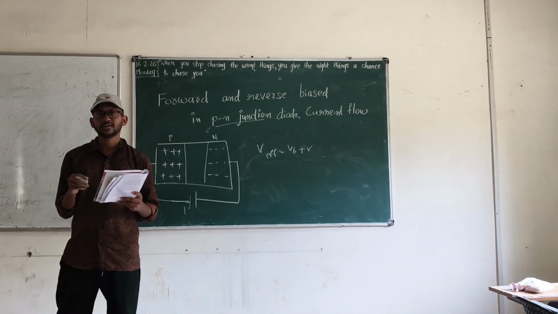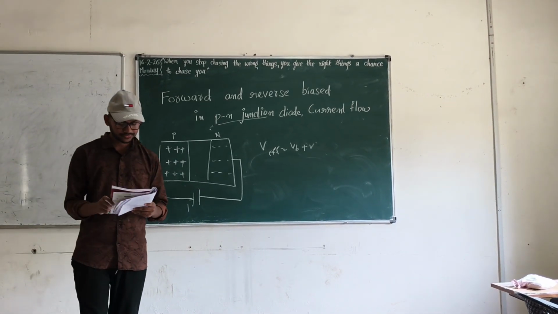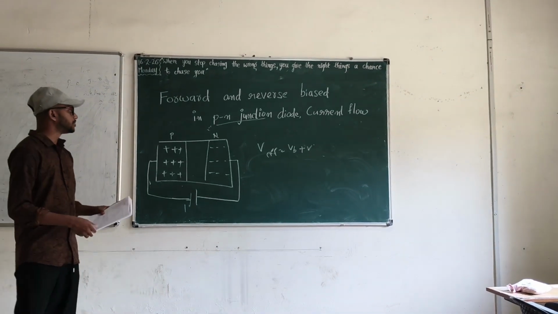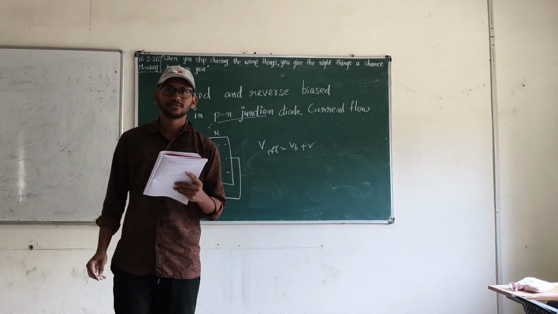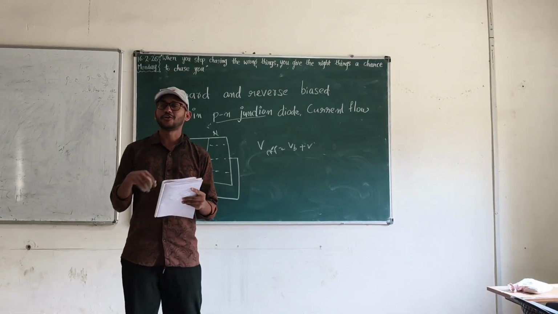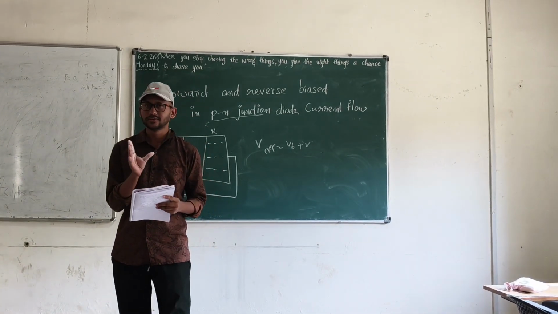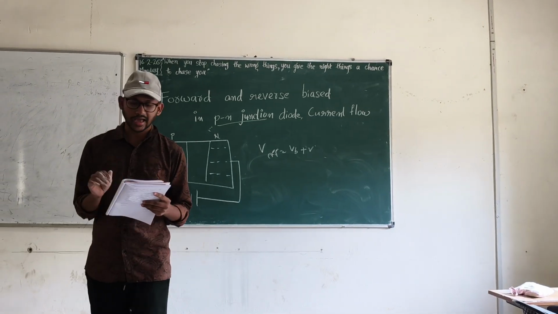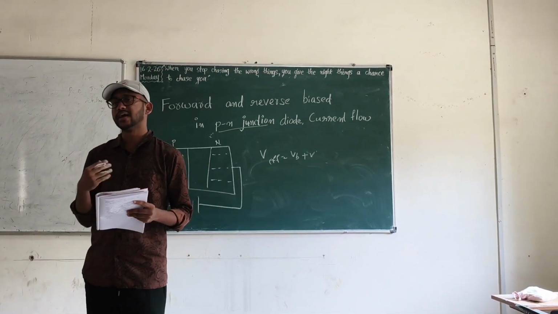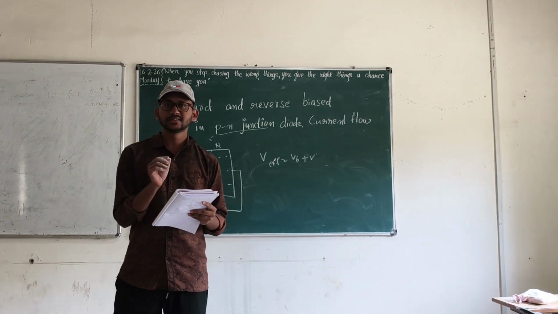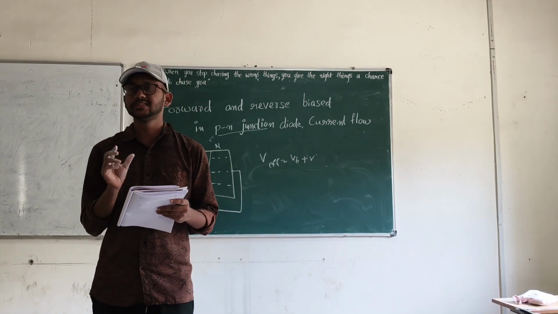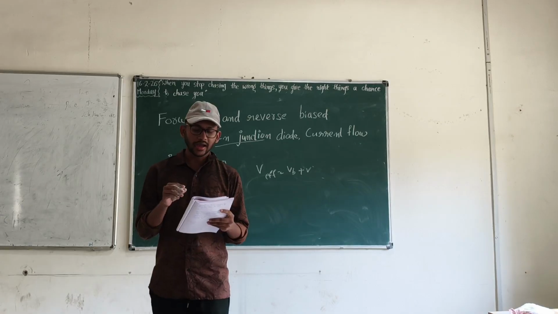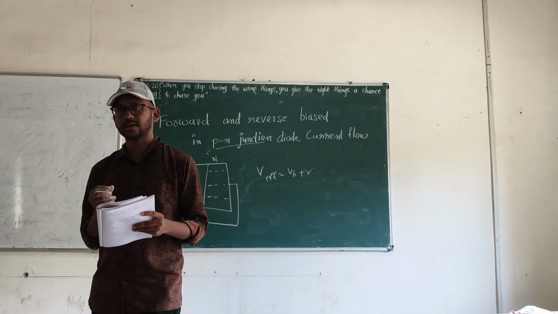This small current is called reverse saturation current. So from this we can conclude that forward bias reduces the depletion region and allows the majority charge carriers to conduct, while reverse bias increases this depletion region and restricts the current flow and creates a very small saturation current.